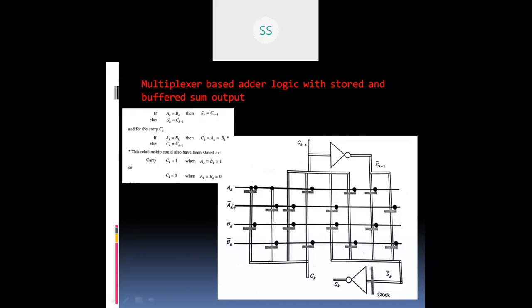Assume that both are 0 0, that is, I am considering the first two bits as 0 0. AK bar is 0, BK bar is 0. So when these two are 0 0, the sum value is 0. That is, the SK line should be 0.